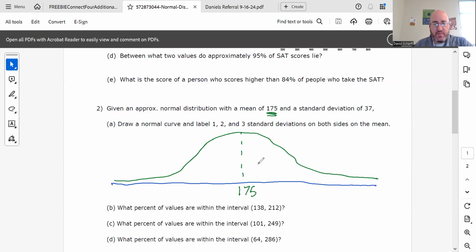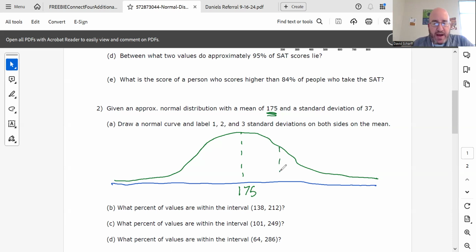And we have to go out from the mean 1, 2, and 3 standard deviations. But what I think is easier, particularly if you can't do some of this math in your head and you need your calculator, I would do everything to the right. So +1, +2, +3 standard deviations. I would go ahead and add all that in at once.